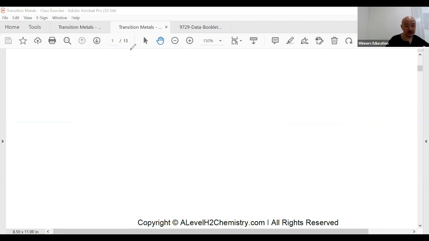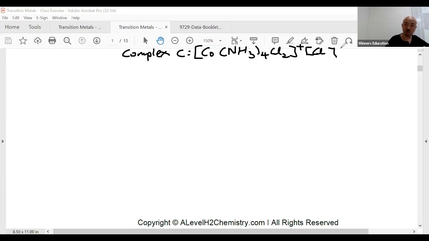Okay, so once again, complex C. Let's jump in very quickly, write out the formula. Here we go, the cis and the trans. I draw the easiest to see molecule. Again, it's good to do dash and wedge because you can see them quite clearly.